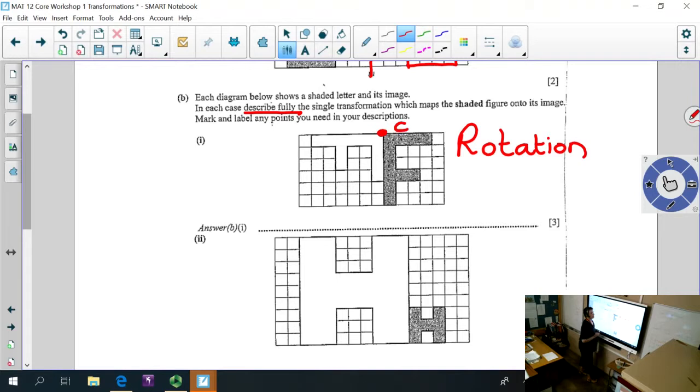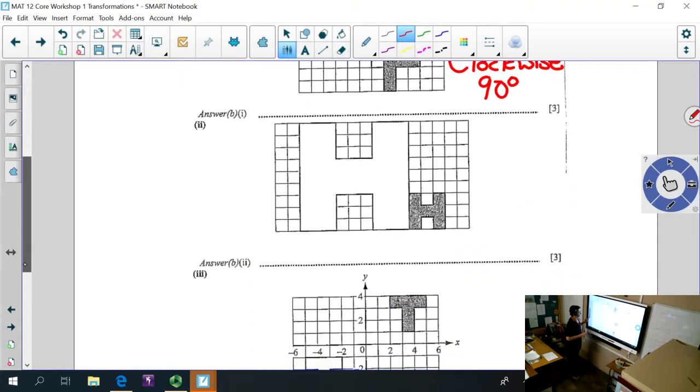There's my center. Which direction is this? Clockwise. It's a clockwise direction, and it will be 90 degrees. You can measure the angle there, but we can also see that it is 90 degrees. Again, if you're unsure, use your tracing paper and then you can see how it is rotated there.